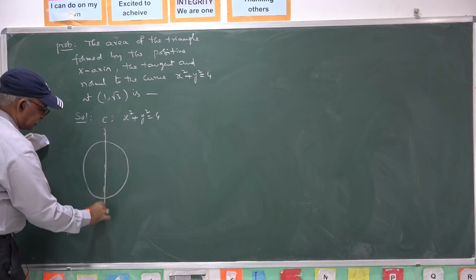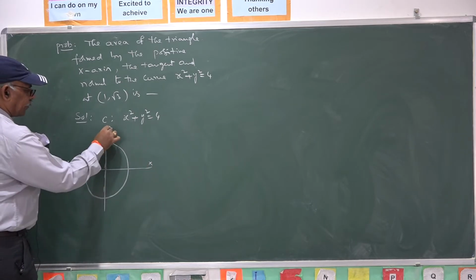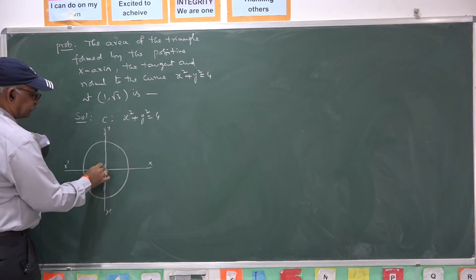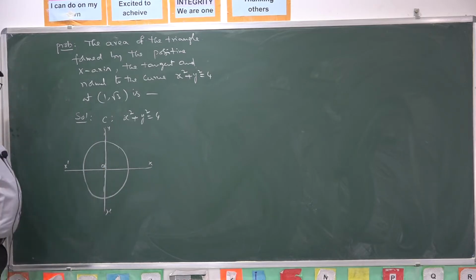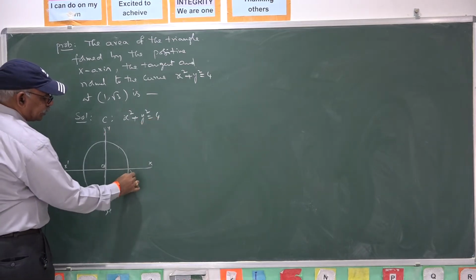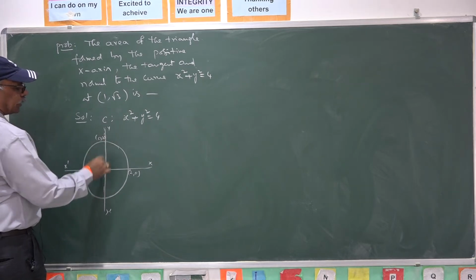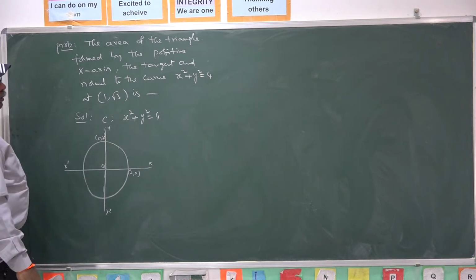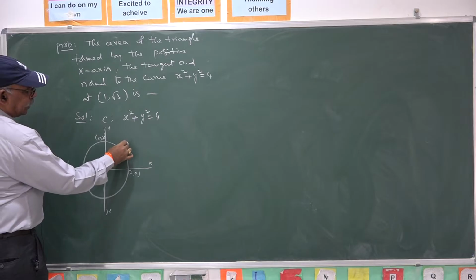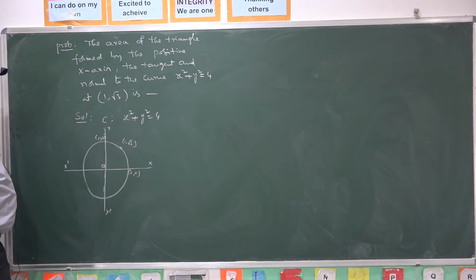These are the coordinate axes, and this is our circle having its center at origin. The radius of the circle is 2, hence this is 2 comma 0 and this is 0 comma 2. The point is given as 1 comma root 3.